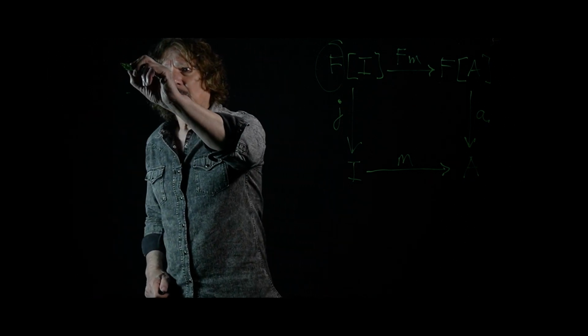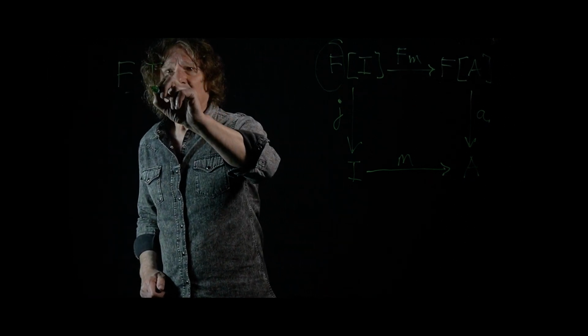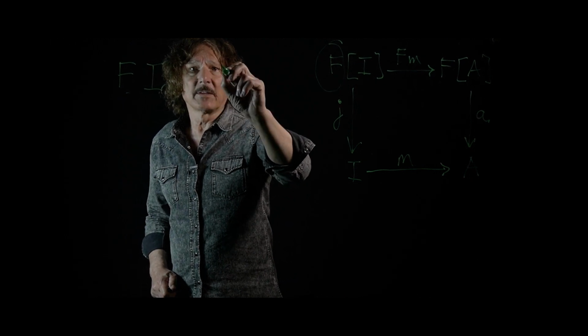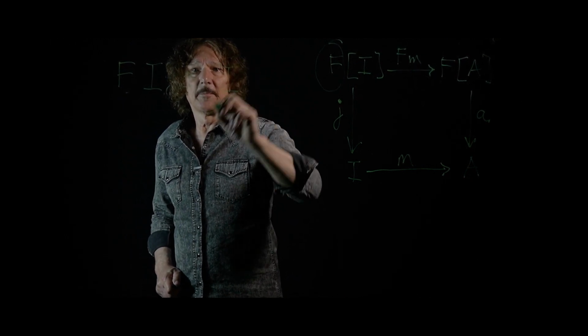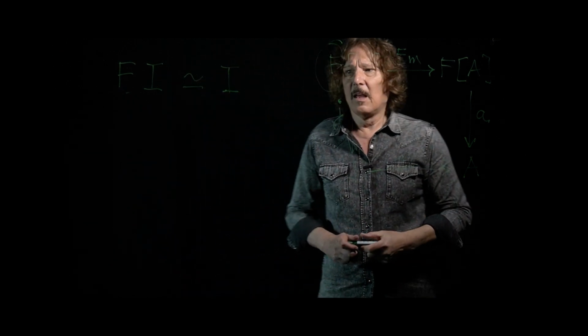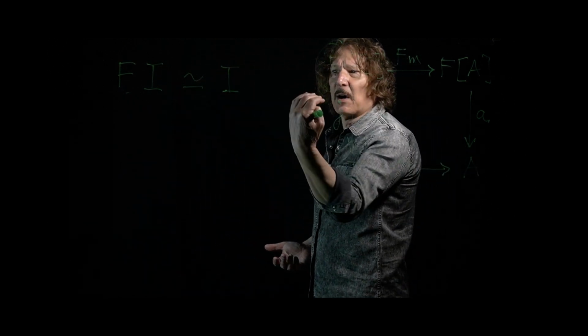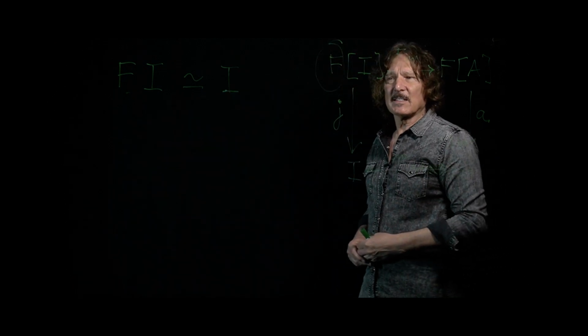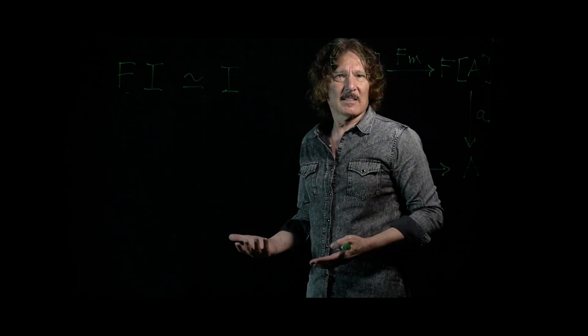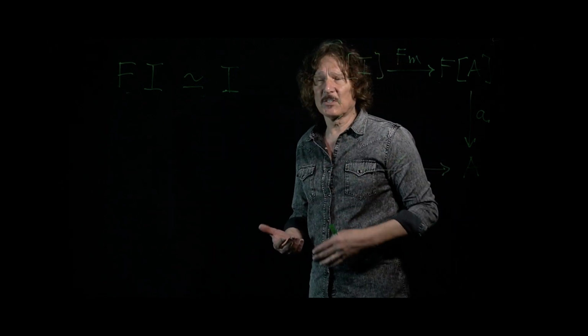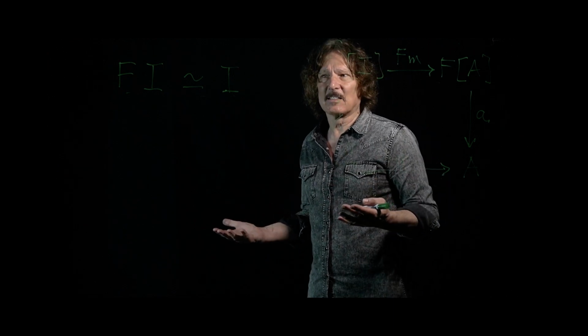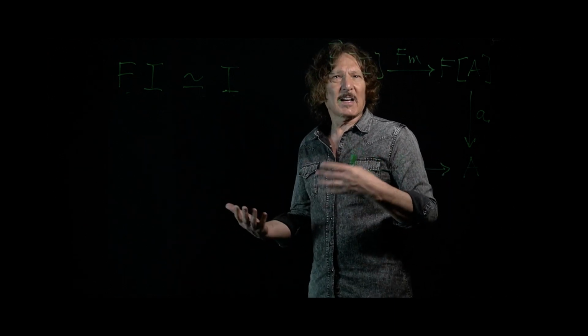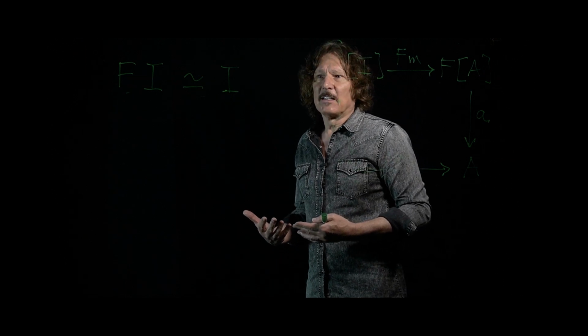This fact that J is an isomorphism, we can write as f acting on I is isomorphic to I. Isomorphism means that there is a mapping one way and its inverse going the other way. And it means that for all intents and purposes, f of I and I are the same. We've seen in the implementation of J that it's like repackaging stuff, a different way of packaging the same information.